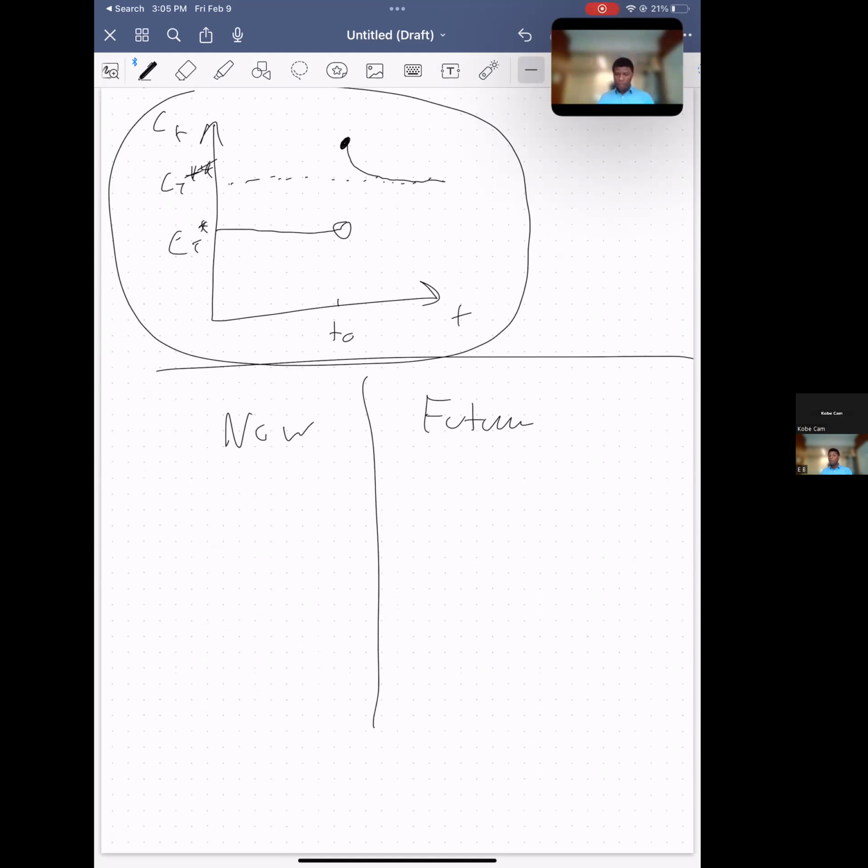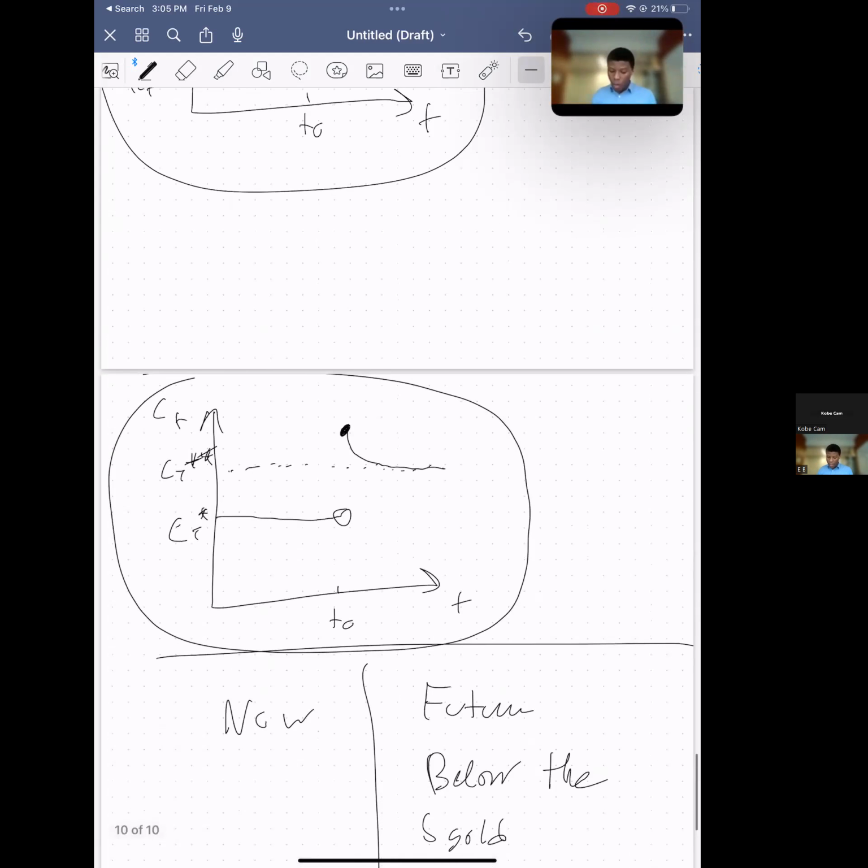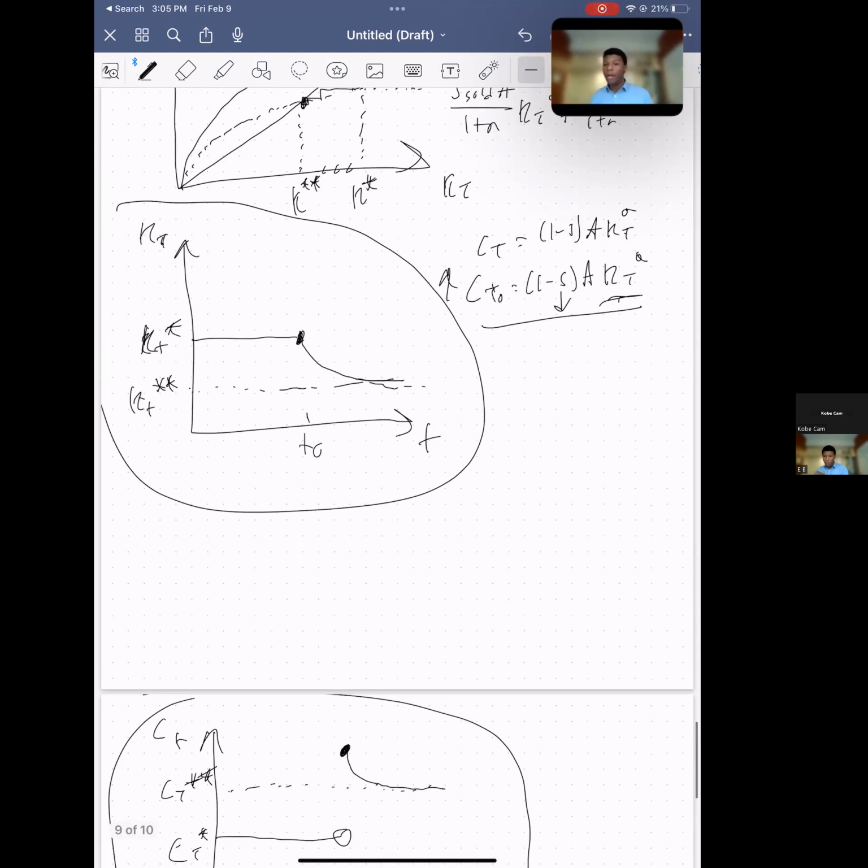Okay, so in the future, we know that we're obviously consuming less because we are below S gold. So we know we're below that S gold, we are going to consume less in the future for a fact. But now we're looking at the present. Maybe the present's better, but it's not, because we are still consuming less than we would, because remember, it's 1 minus S. We have a very high value of S right now.